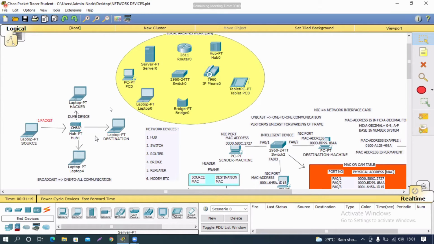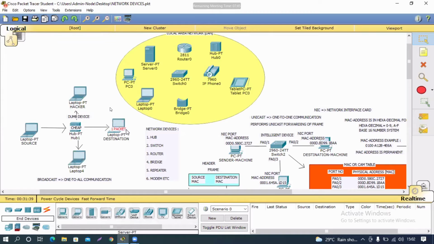This is considered a security risk, because if any of these machines is connected to this hub, there is a chance of information leakage. Maybe this machine in the organization wants to send some information only to this machine, and when it goes via the hub, the information arrives over here as well, and over here as well.